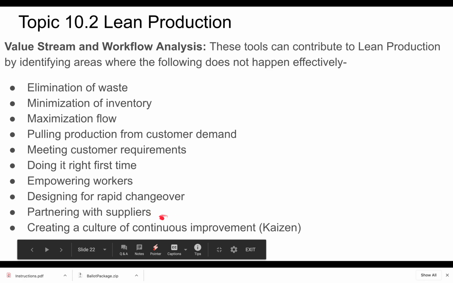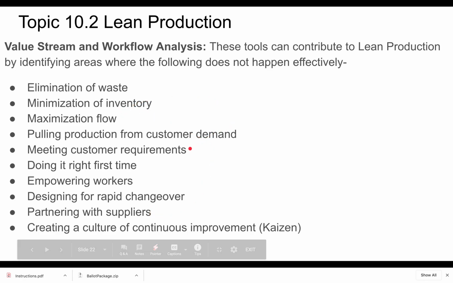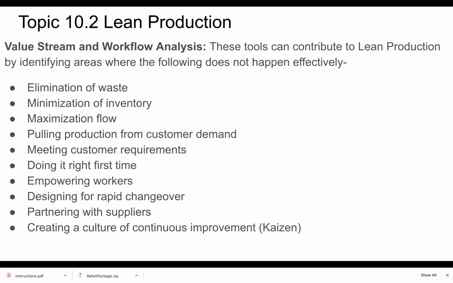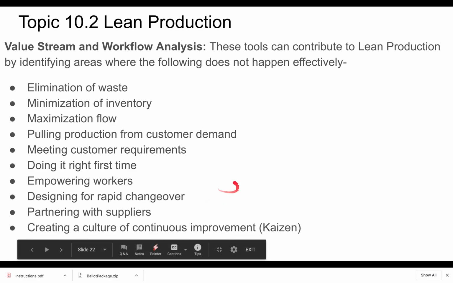That would then feed into, okay, we're not managing our flow well, which means we're not meeting our customer requirements, et cetera, et cetera. So it has a knock-on effect. You want to create a culture of continuous improvement, and that's what Kaizen is. You want to be saying, how can we continuously improve our processes, every little step along the way? So how do you improve your processes?